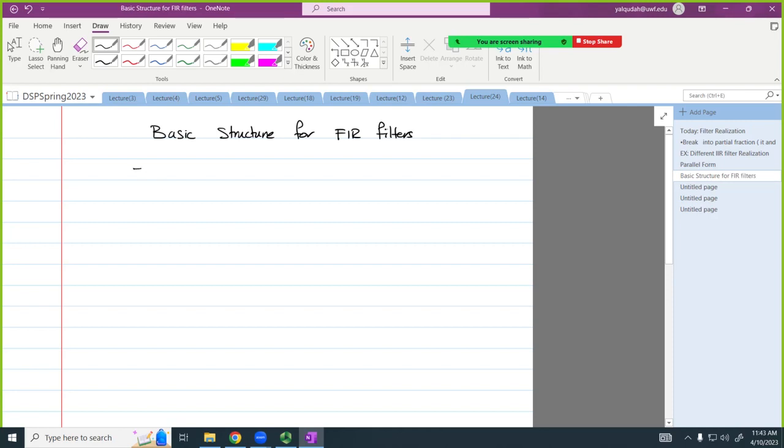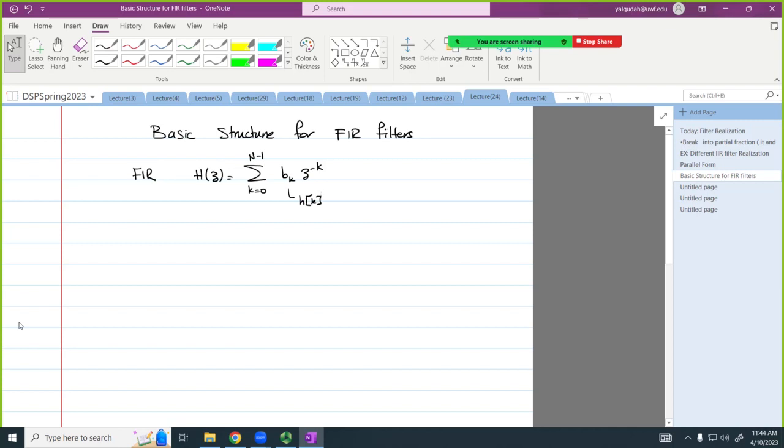Okay, so if we have an FIR filter, H of z is going to equal the summation from k equals 0 to N minus 1, b_k z to the negative k, where this b_k is nothing other than h of k, the kth coefficient of h of n.